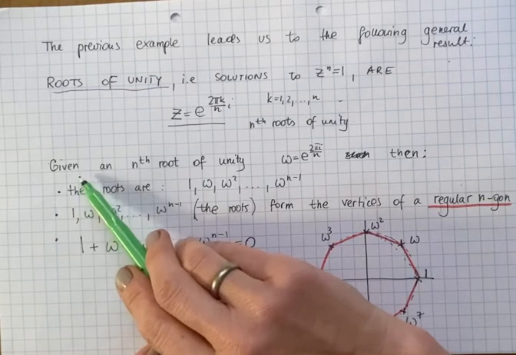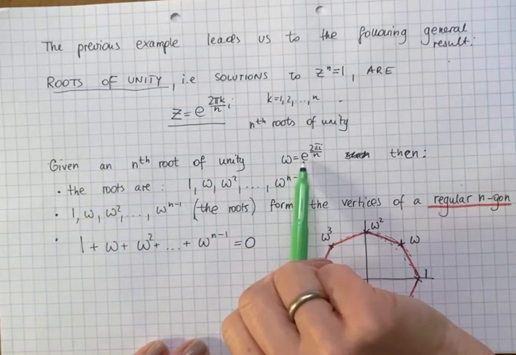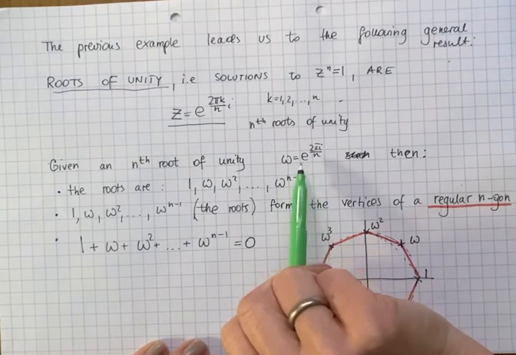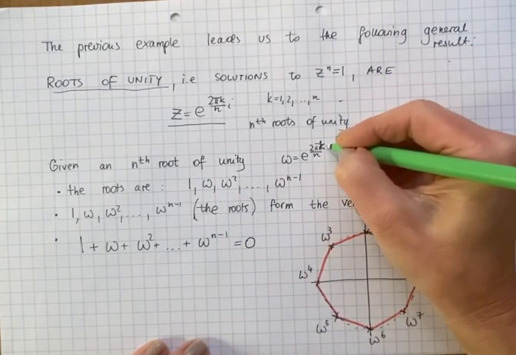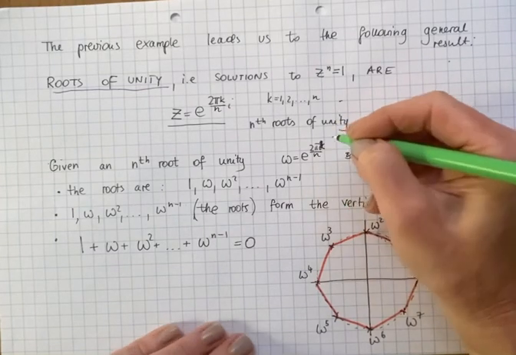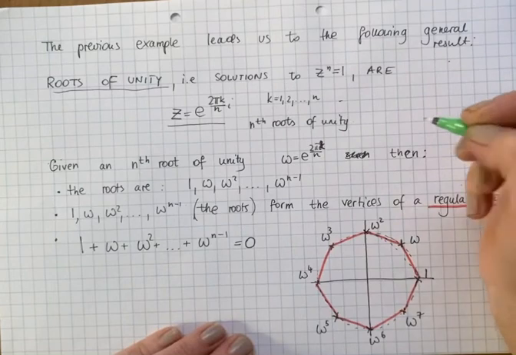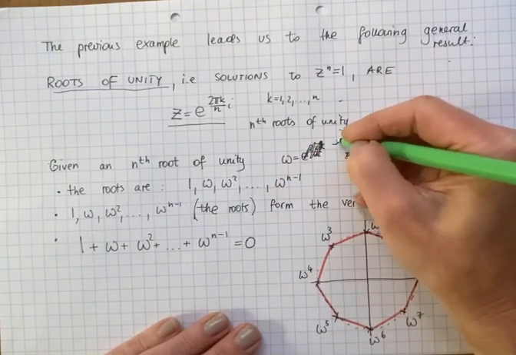Now, given the nth root of unity is e to the power of 2k pi over n i. Yes, one of them.